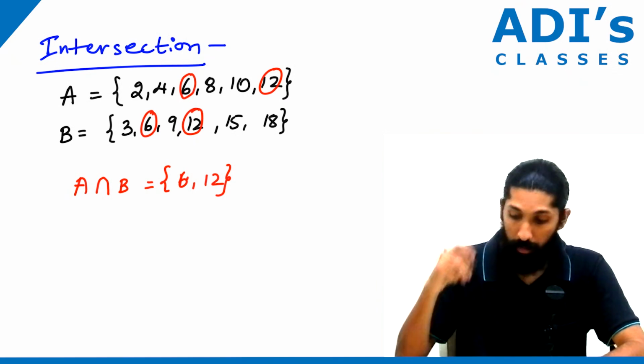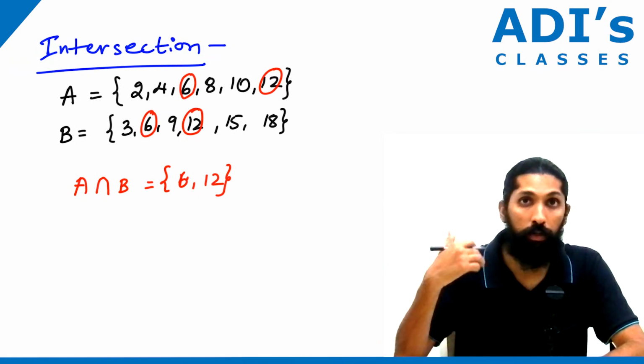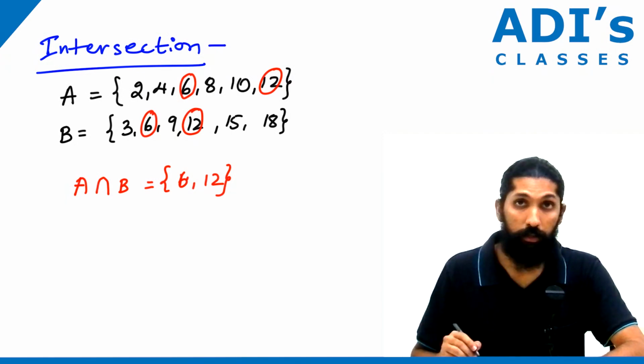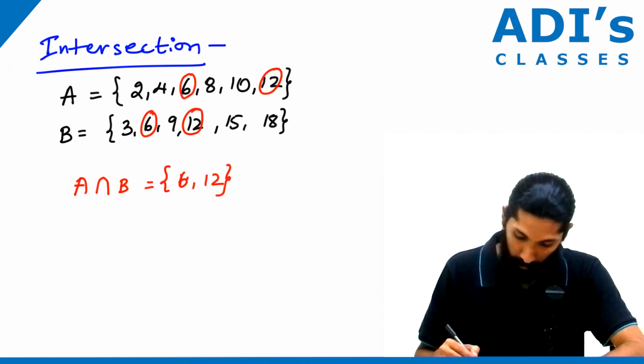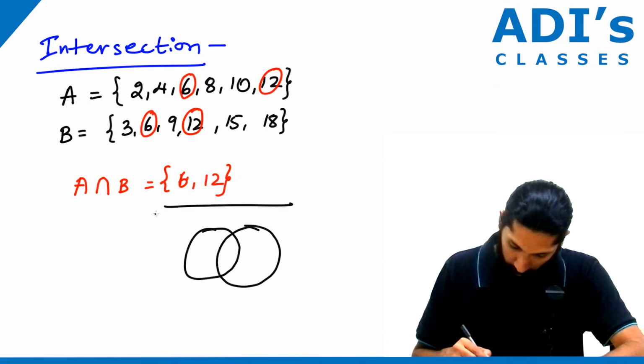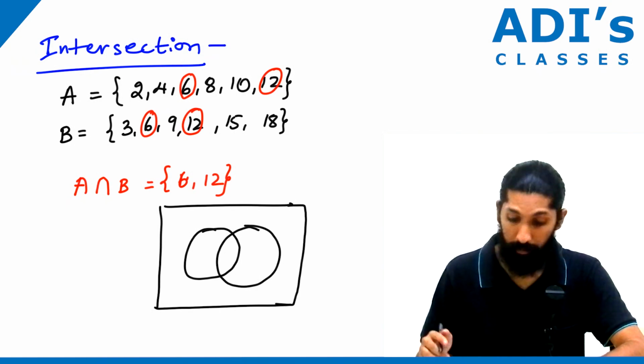Fair enough? Now, whenever we talk about intersection, how do we represent this over a Venn diagram? Because that's very important, right? So if you are writing in terms of the Venn diagram, first we have two sets, and then you're going to have the universal set here.